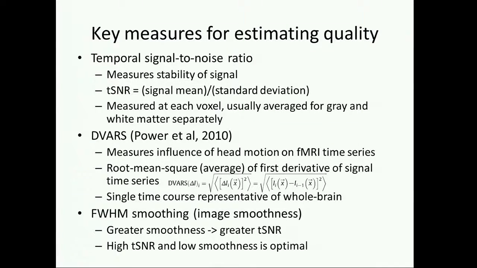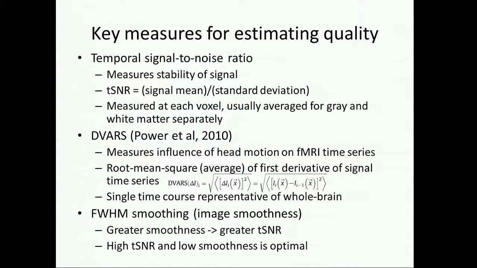In a good data set, that value is about 100. This metric is computed at every voxel, so you can actually make a map of TSNR. The lower your TSNR, the more variability you have in your time series. That variability may be coming from thermal noise, or from a lot of nuisance variation, let's say due to motion or physiological processes.